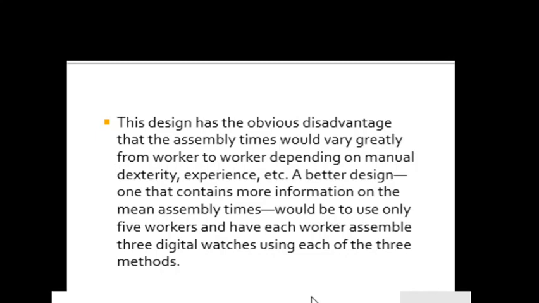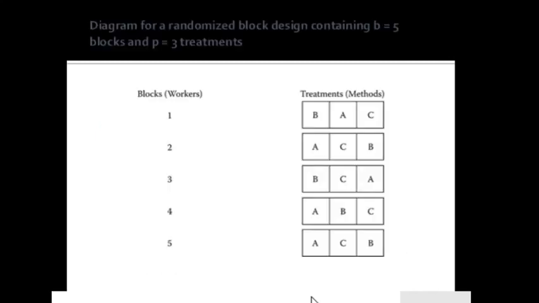So what we can do here is we can use another method in which we only have 5 workers, and we have each worker assemble 3 digital watches using 3 different methods, the A, B, and C. Okay, so something like this. So we have 3 treatment methods here. P is 3, and the workers are the blocks. So basically, we are blocking the variability due to the workers.